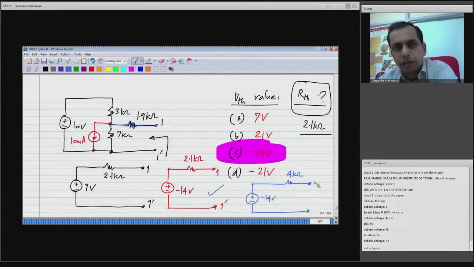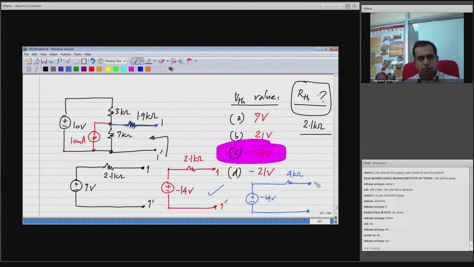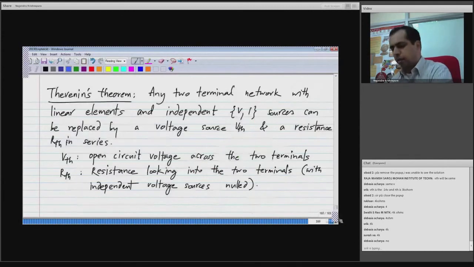So any questions so far on any of these calculations or proof of Thevenin's theorem? Okay, so that seems pretty clear.